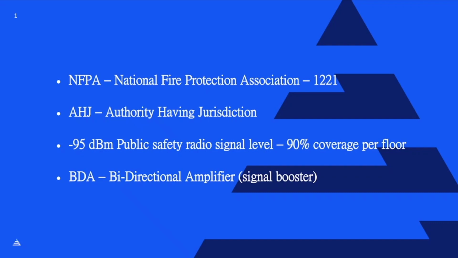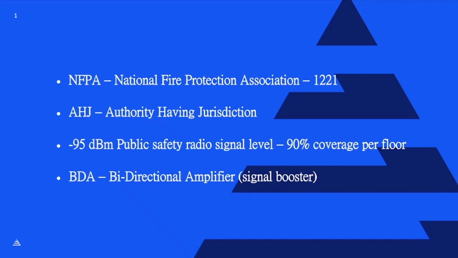They make recommendations and produce standards that get adopted by AHJs, and an AHJ is simply an authority having jurisdiction. That could be your state fire marshal, your local fire marshal, your local building inspector, your county building inspector. It really depends on where you live and what community you're in, whether this standard is in place and has to be followed to the letter of the standard that NFPA has produced.